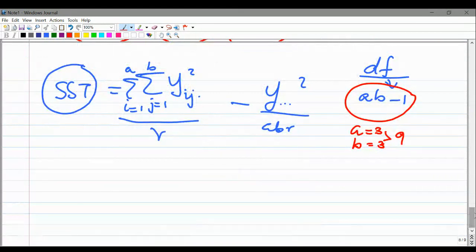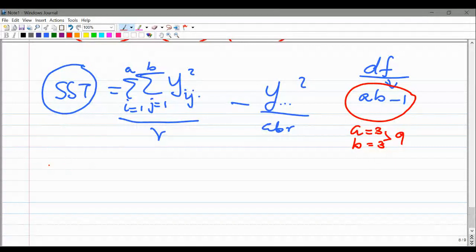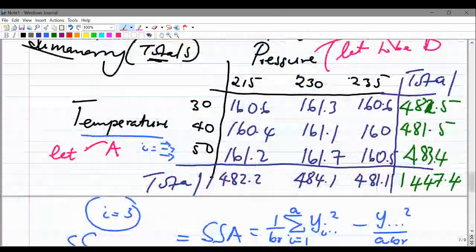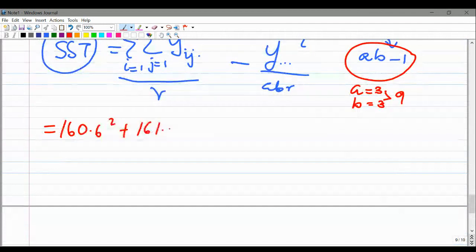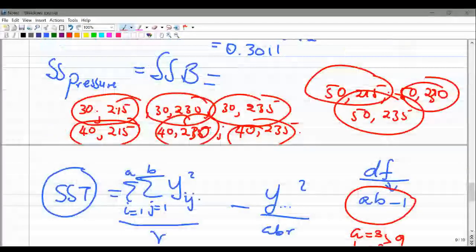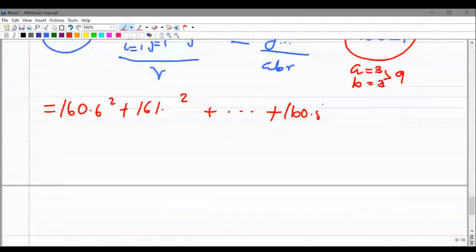Now, I indicated that for this SST, we'll be using the values from each cell, the values you guys were giving me, up to the last value from each cell, which is 160.5. 160.5 squared.